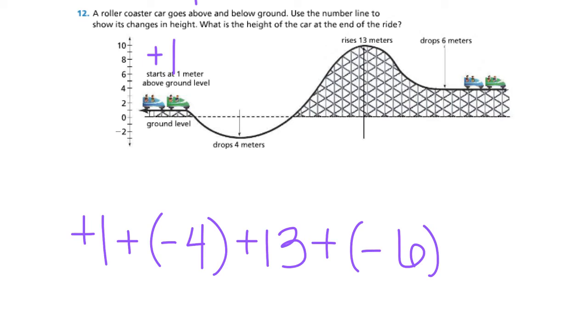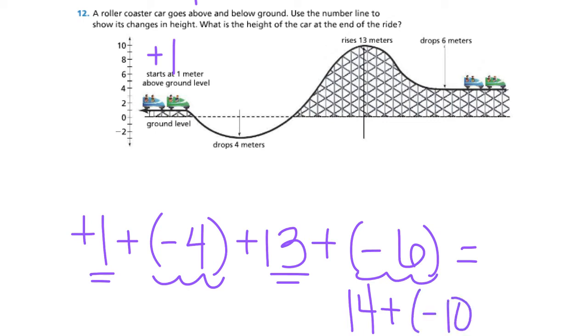If we combine all of these numbers together, let's combine our positives, 1 and 13, we get 14 plus -4 and -6 is -10. If we combine those, we find that the height of the car at the end of the ride is 4 feet above ground.